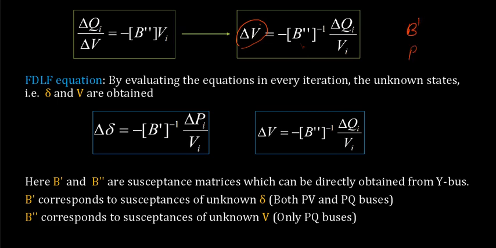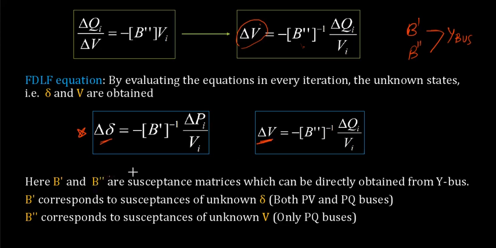The B dash as well as B double dash can be obtained from the Y bus. From the Y bus we will see how this B dash and B double dash can be evaluated. Once you get this, the FDLF, or the fast decoupled equation, can be found. That is the equation to find the unknown variables, the increments delta delta as well as delta V.